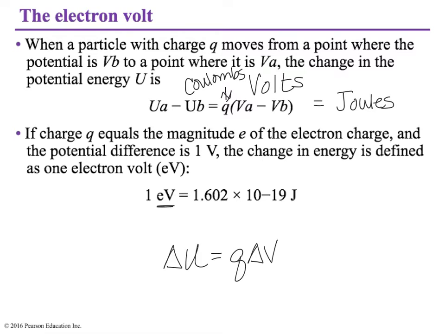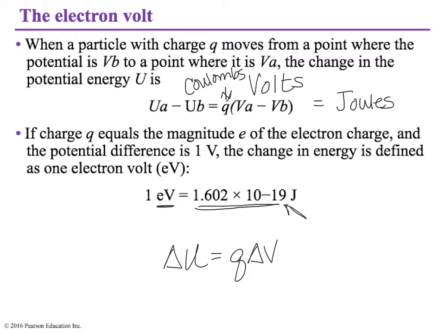So if we take something with the charge equal to that of the electron and go through a potential difference of 1 volt, the change of its energy would be 1 electron volt. The conversion factor between electron volts and joules comes from the unit for coulombs. It's 1.6 times 10 to the minus 19 joules.